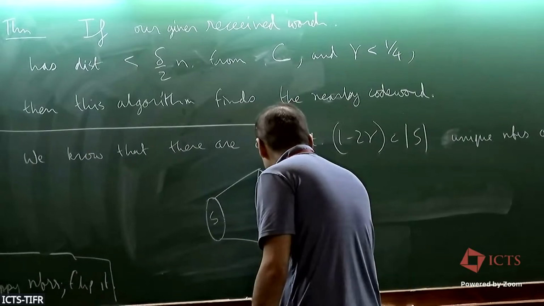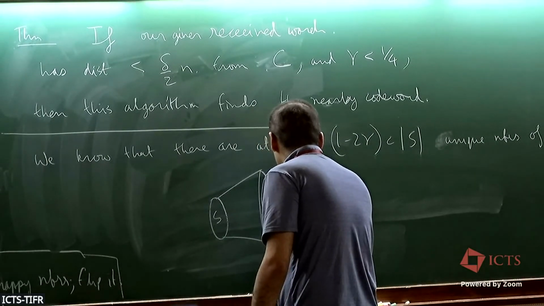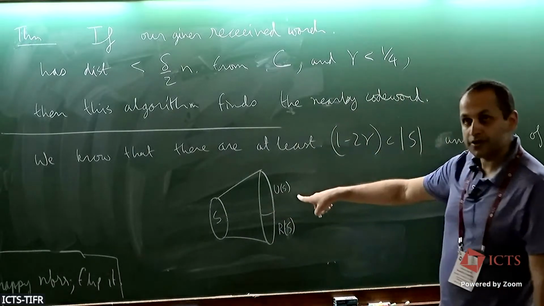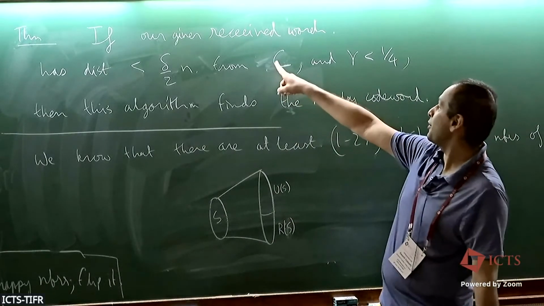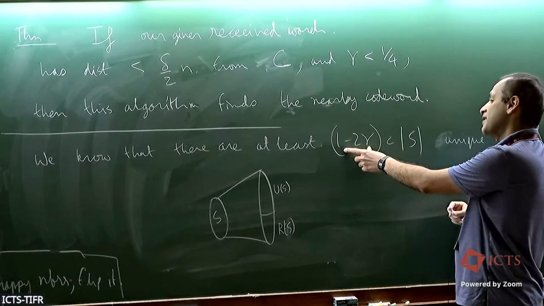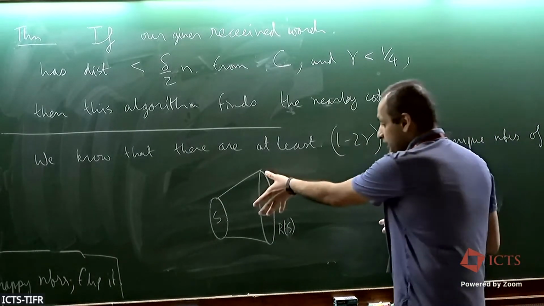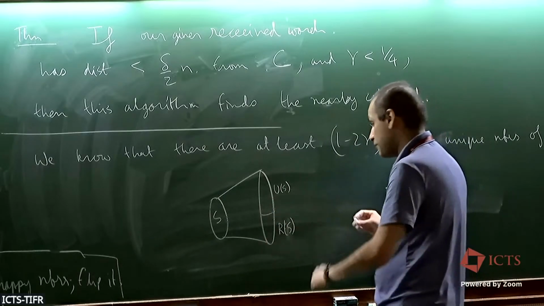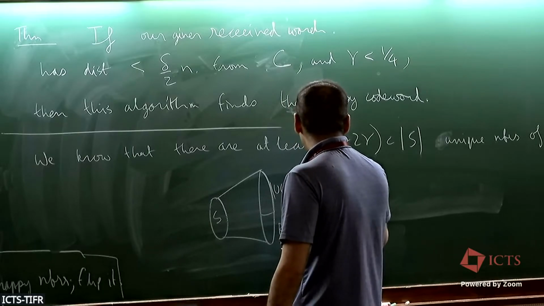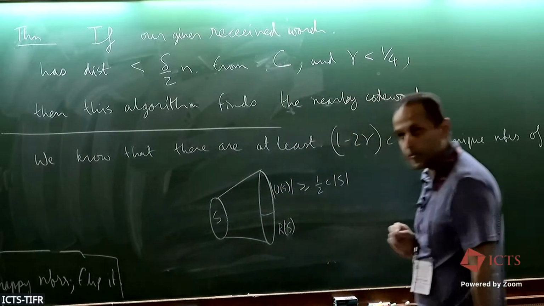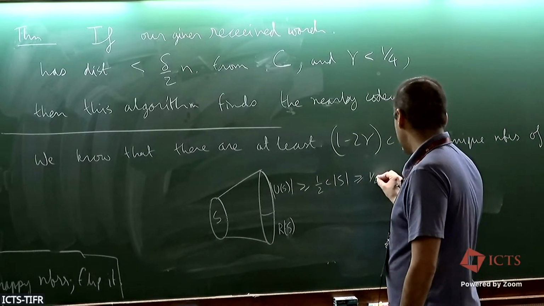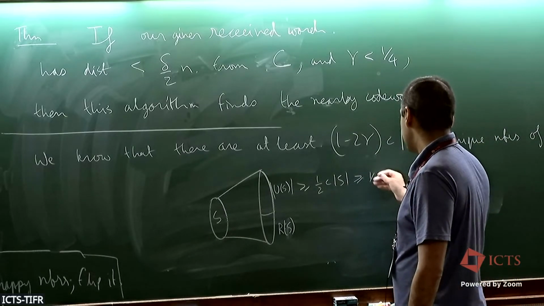And this is the rest. And the unique neighborhood is huge because I've assumed gamma is small enough. Gamma is less than 1/4. So in fact, 1 minus half times CS, this is more than half of the neighborhood of S. So this is at least half CS.